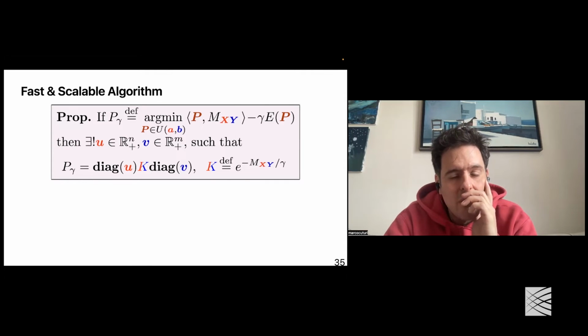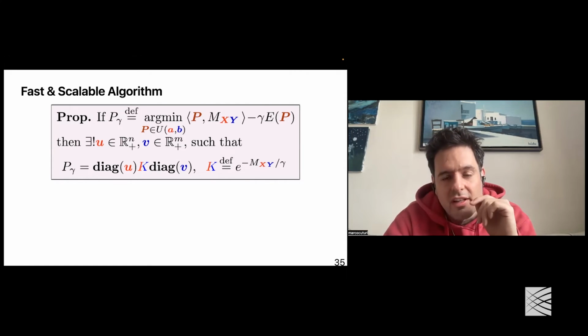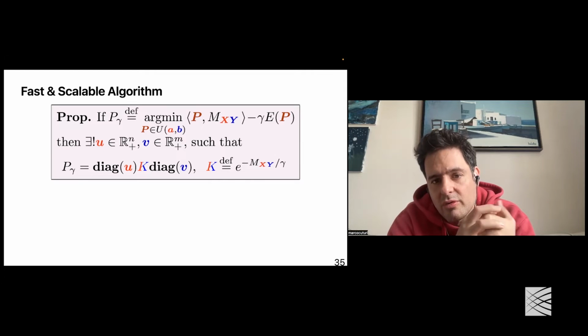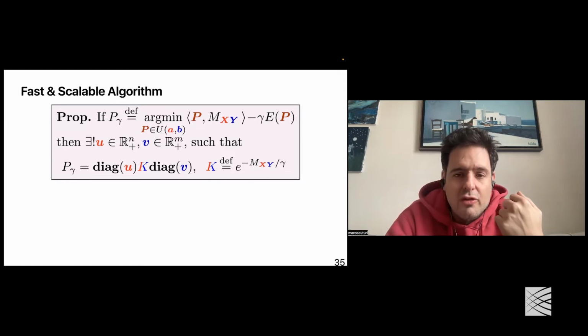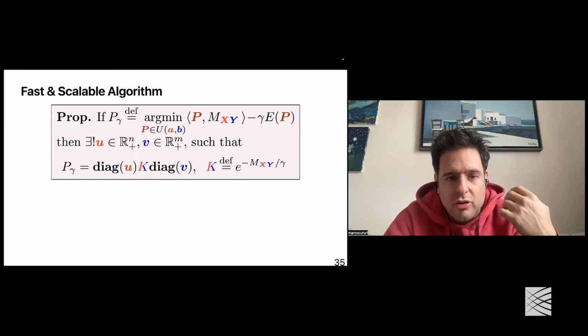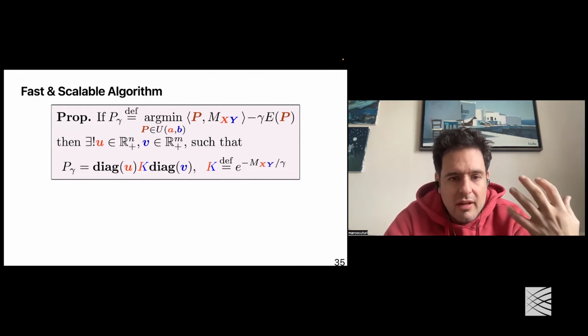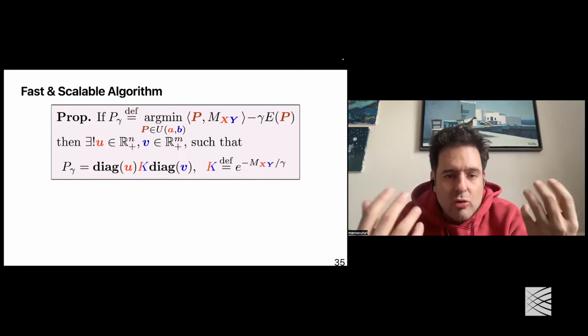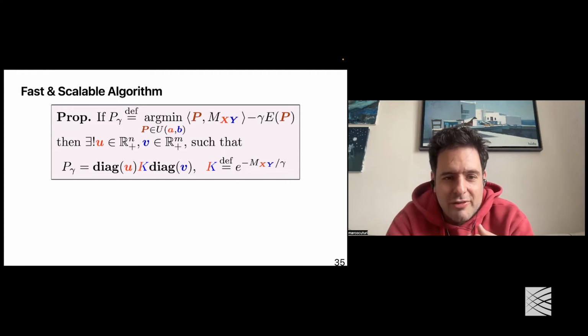This is a convex problem, so this is fairly standard. You can use the method of Lagrange multipliers to include the constraints of the row sums and the column sums. If you work out the math, you find that the solution needs to have a factorization, which is explicit, except that you don't know the vectors u and v that help you factorize this matrix.